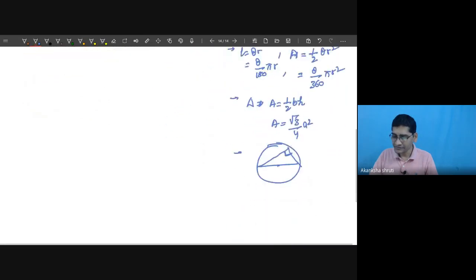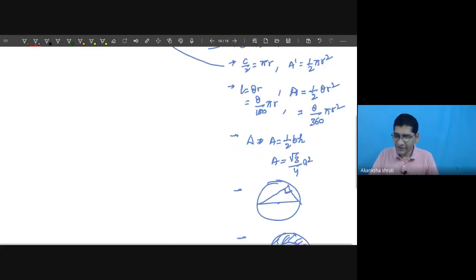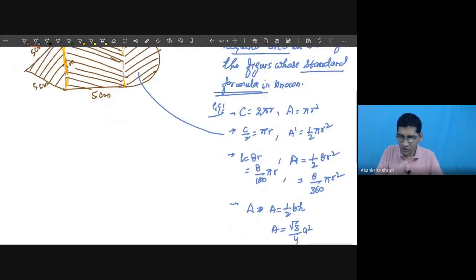Okay, students. The other thing: it may be possible that to get this much area, you take the difference. This we have learned in our earlier exercise. So this is the very first step. Try to convert it. Now the step number 2.